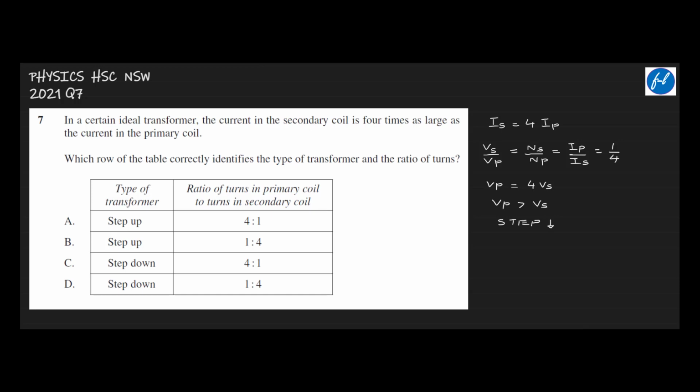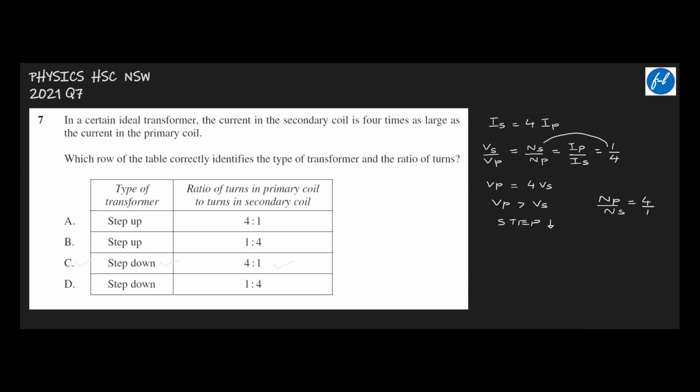So it's very clear from here: number of turns in the primary divided by number of turns in the secondary will be equal to 4:1. So it is definitely a step down with a ratio of 4:1, and therefore option C is correct.